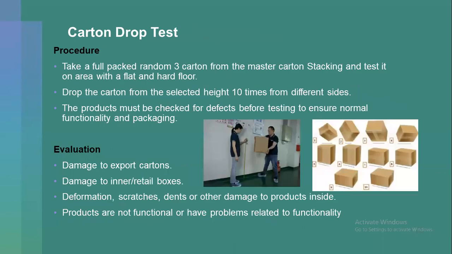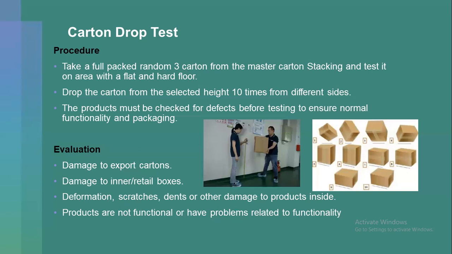The procedure to perform the carton drop test: randomly we have to select 3 cartons from the offered cartons. Based on the carton weight we have to select the height, and we have to drop the carton 10 times at 10 different locations. That is one corner, 6 faces, and 3 edges. You can see in the image from 1 to 10.